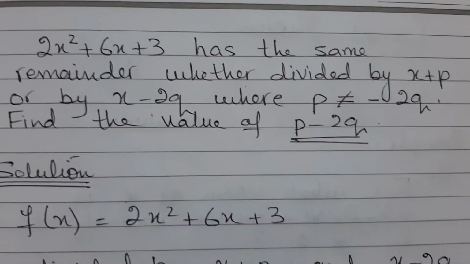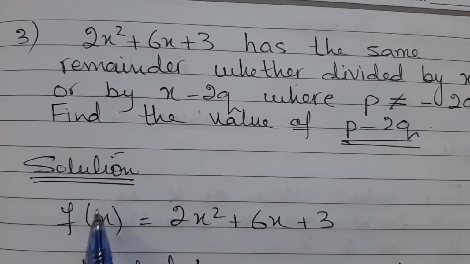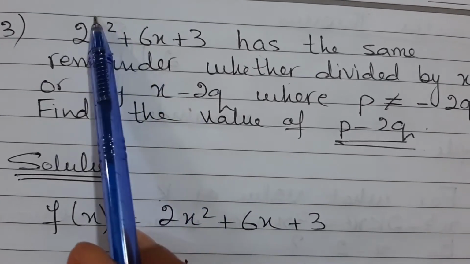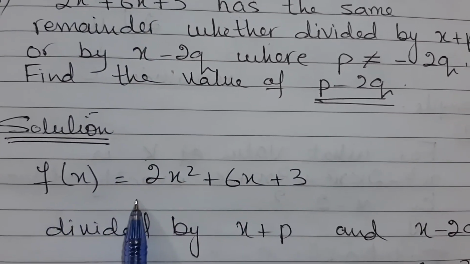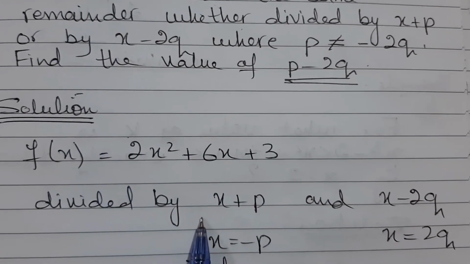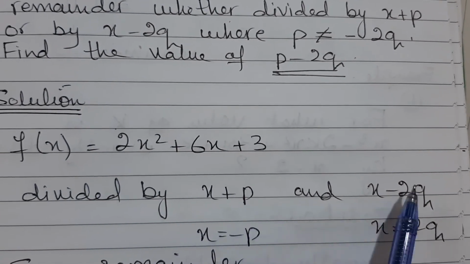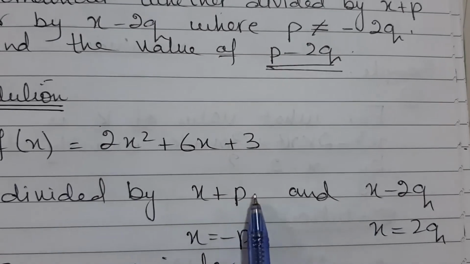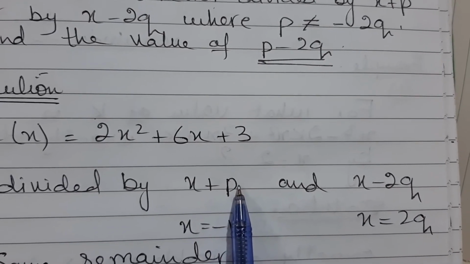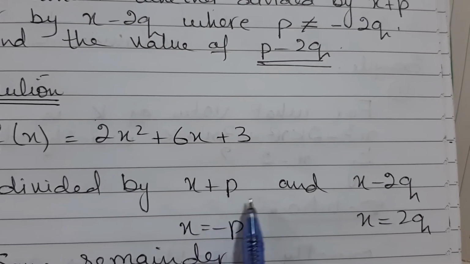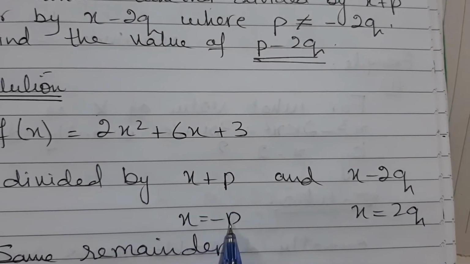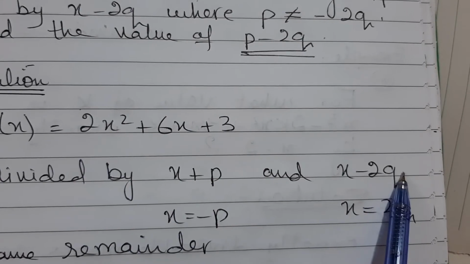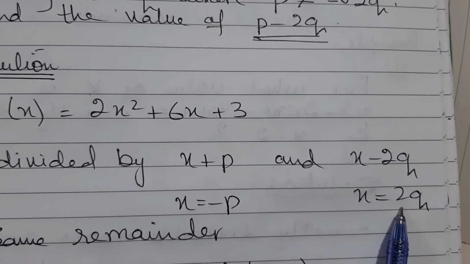So let's see. I'm saying let f of x equal this. So whatever polynomial dividend is given to me, I'm giving it a name, f of x. Now two divisors are given to me, x plus p and x minus 2q. I'm putting each equal to 0, in my mind or on the paper, it's up to you. So if I put it equal to 0, x equals minus p. And if I put it equal to 0, x equals 2q.